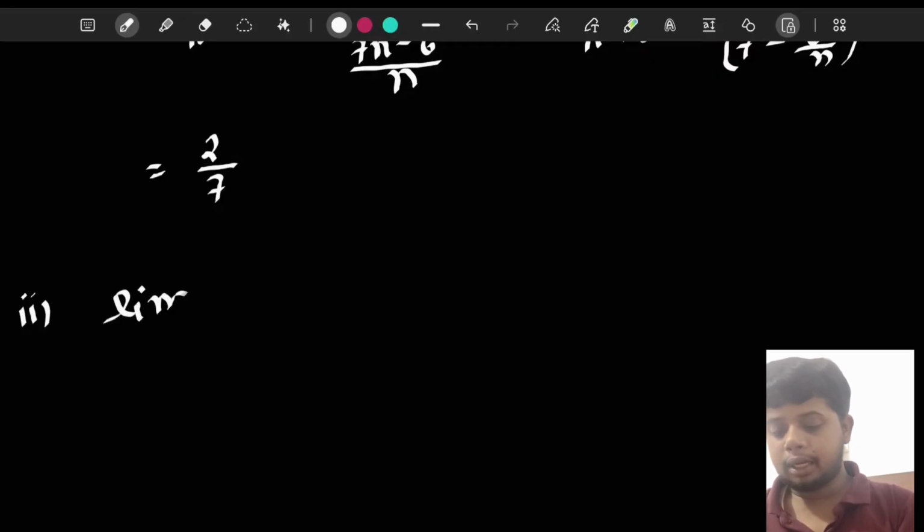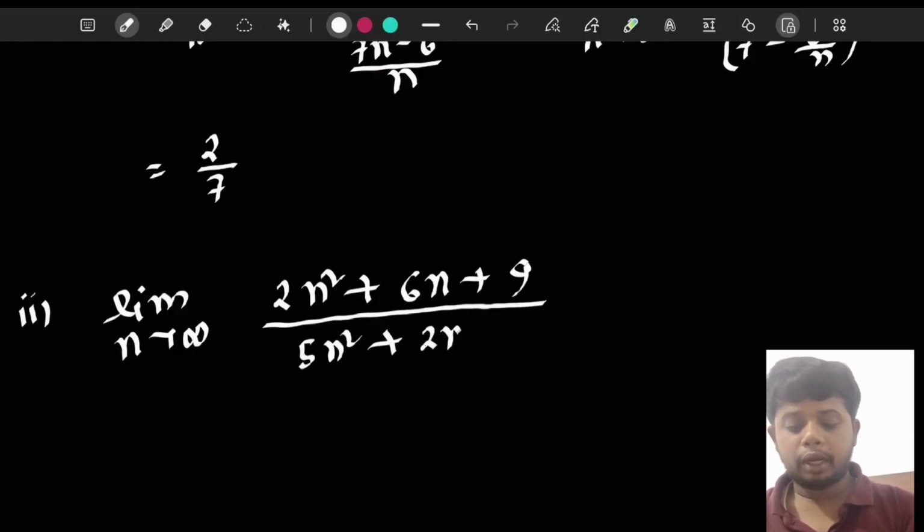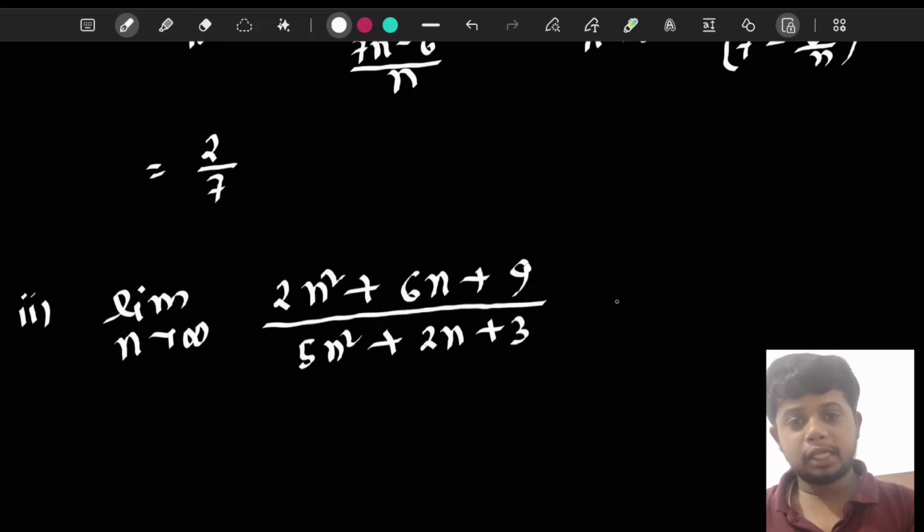Now one more. Let's say limit n tends to infinity of (2n square plus 6n plus 9) by (5n square plus 2n plus 3). Pause the video and try. Okay, I hope you have tried. You have guessed it right. We have to divide in this case by n square.